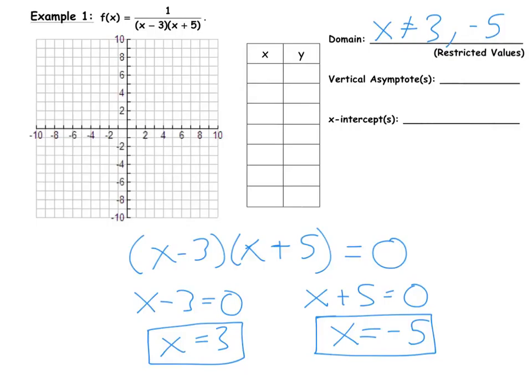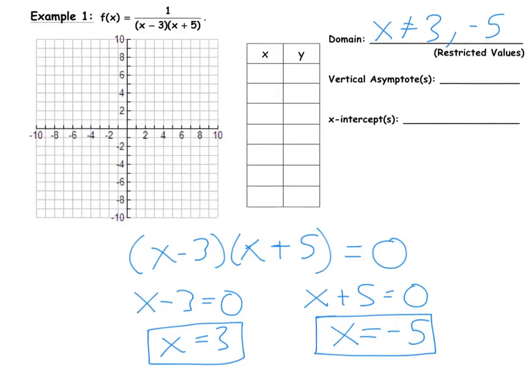Now the next thing we're going to talk about is this weird word down here below the domain. Vertical asymptote. Asymptote. Yeah, it takes a little bit of getting used to. Basically what happens is, at the x values that make our denominator 0, we get what I like to affectionately call the Berlin Wall.